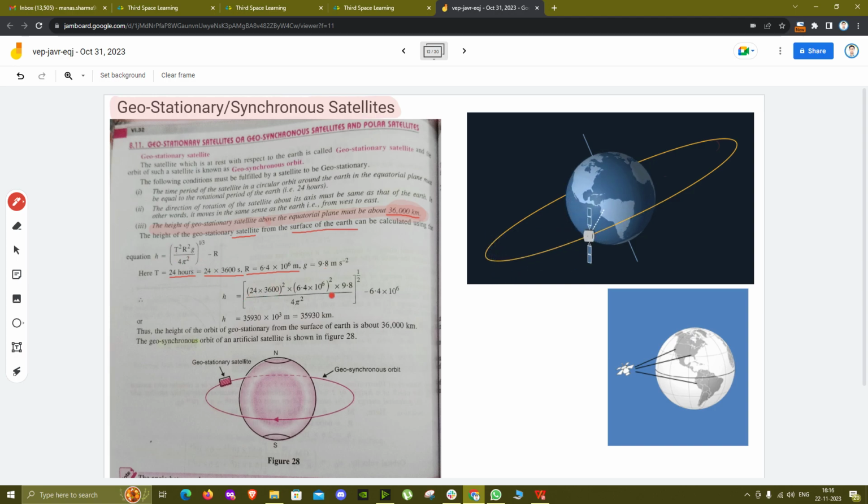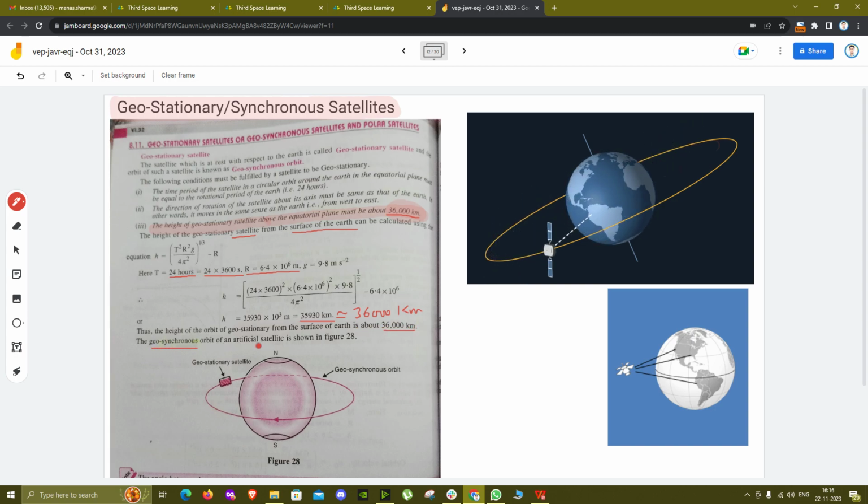If you put all the values here and solve it, you can figure out that h will be equal to around 35,930 kilometers, which is approximately 36,000 kilometers. That's how we figure out the height which is required for a satellite to be geostationary. Thus the height of the orbit of a geostationary satellite from the surface of Earth is about 36,000 kilometers.